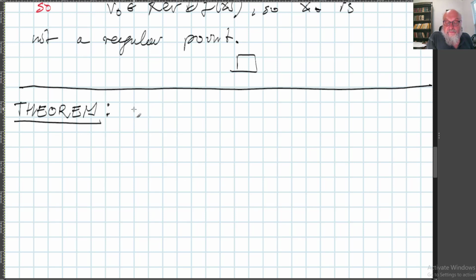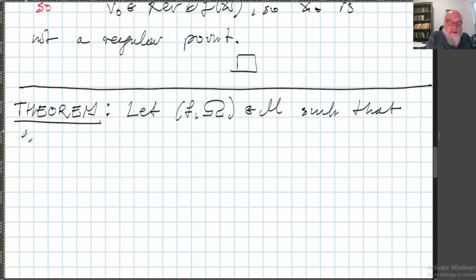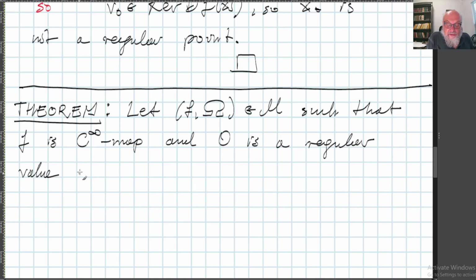Let (f, omega) be an admissible pair such that f is a C infinity map and 0 is a regular value of f in omega bar.